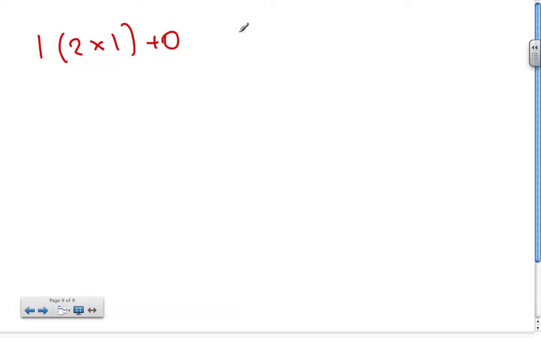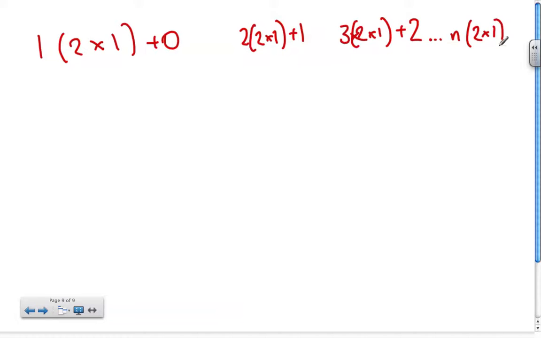And then on the next story I had 2 lots of 2 plus 1. And then I had 3 lots of 2 plus 2. And then if I go to the last one, I had n lots of 2 plus n minus 1.